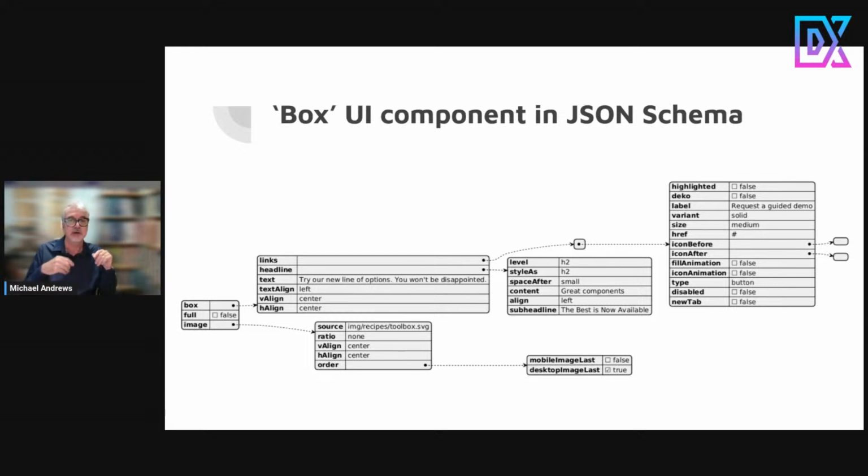The image is also there. This is not a complete, it's just a fragment. We're not actually identifying this box with an ID, for example. But you get the idea of how you can break these things out, and then you're able to modularize these things if you give them unique IDs and reuse parts of them, pull them together, and come up with different variations that you can use.